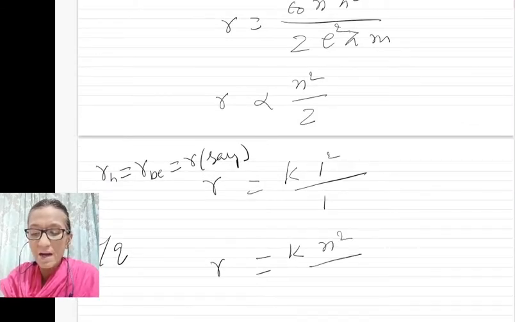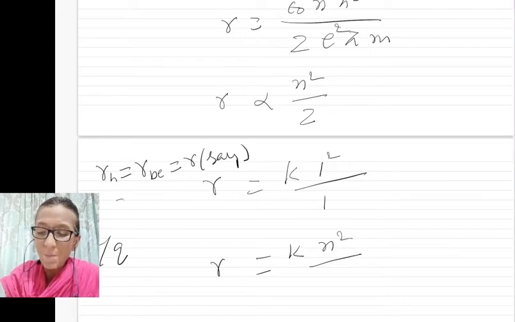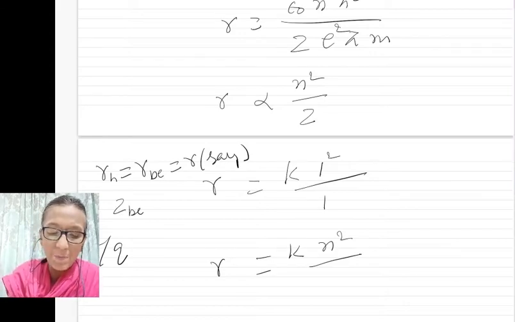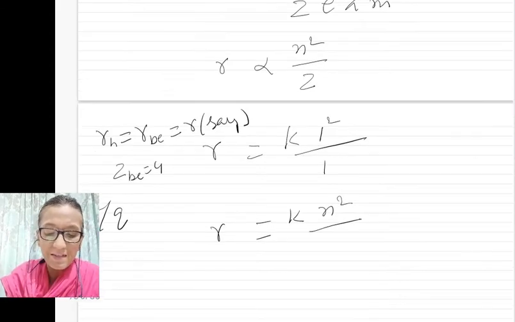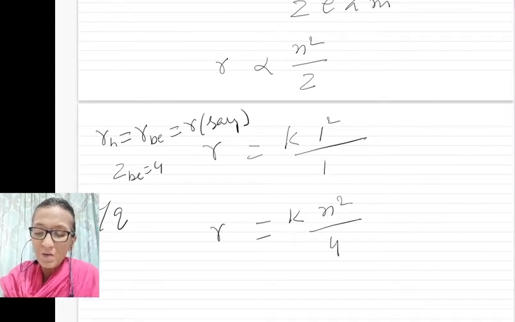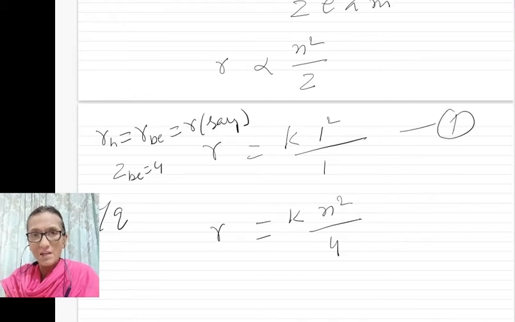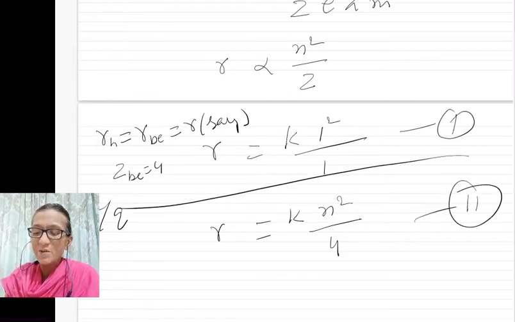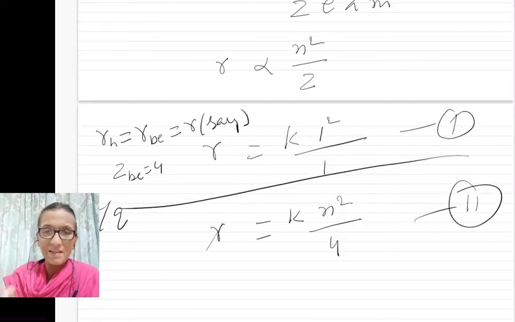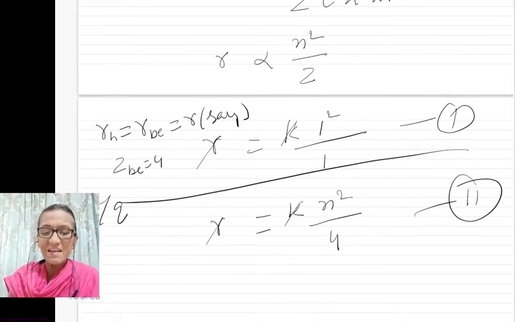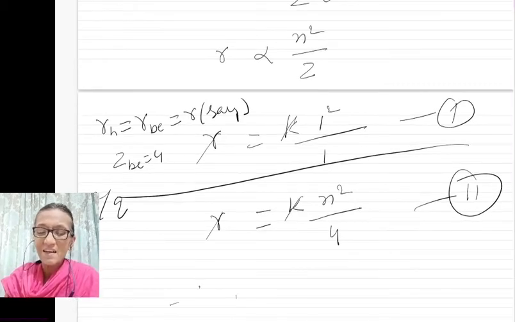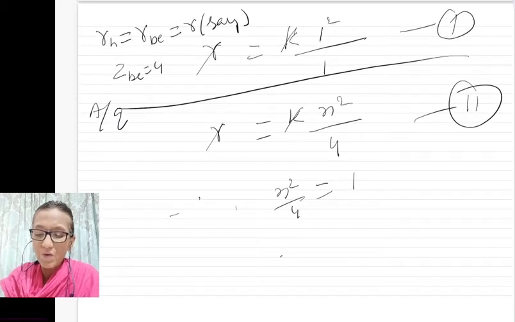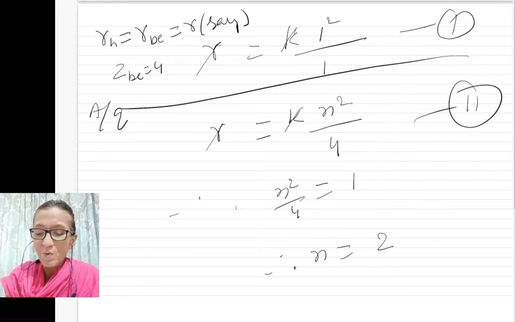So n square upon what is the atomic number of beryllium, and this is 4. So divided by 4. Now divide the two equations 1 and 2 and you will obtain the answer. R is cancelled, K is cancelled, and therefore n square upon 4 is equal to 1, and therefore n is equal to 2.